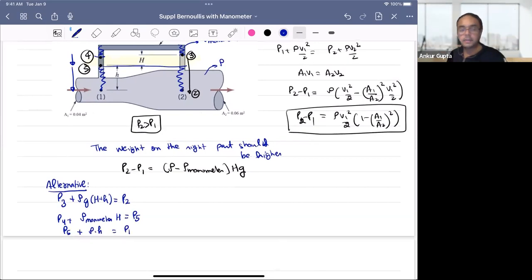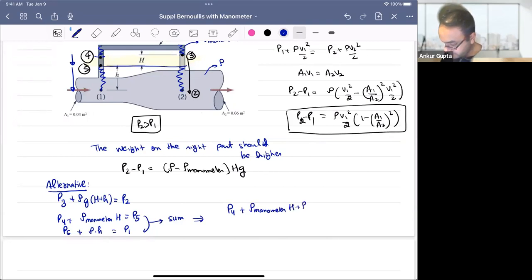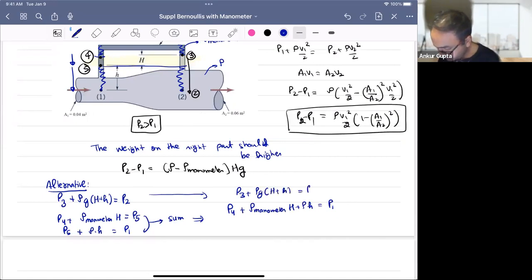You can say this, and then you can essentially sum these two to say P4 plus rho manometer into H plus rho H is equal to P1. Okay, sum them. So P5 on the right hand side gets cancelled out. And this one I'm just copying again here. And P3 plus rho g (H plus small h) is equal to P2. Now subtract them.